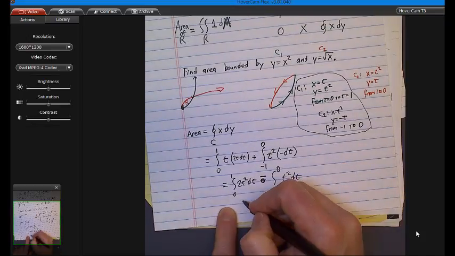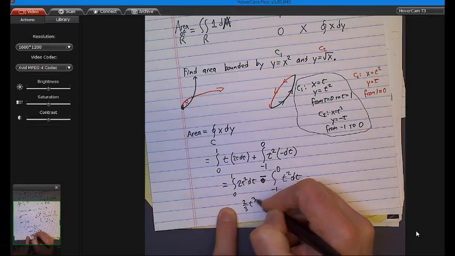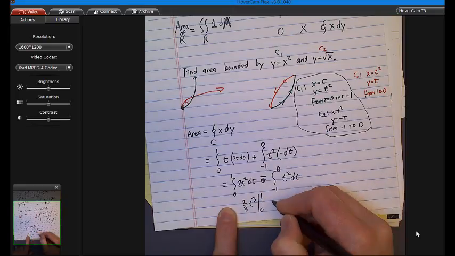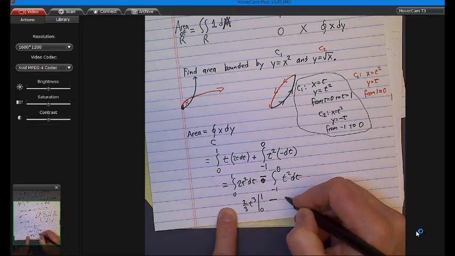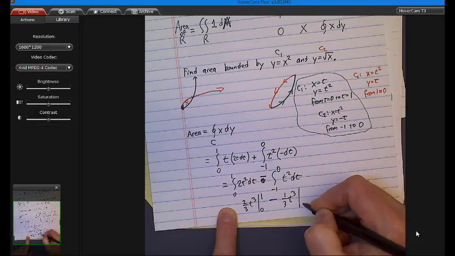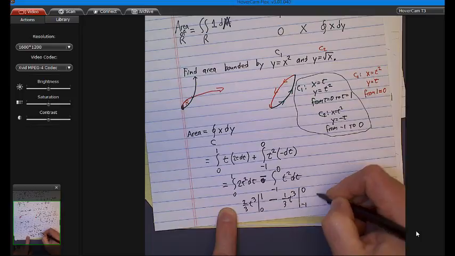All right, so this one is 2/3 t cubed from 0 to 1 minus 1/3 t cubed from -1 to 0.